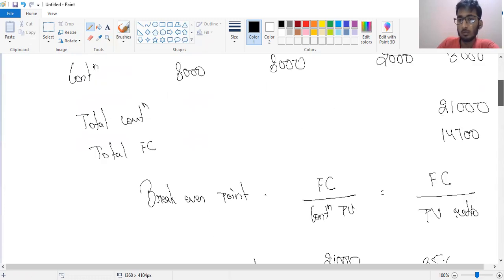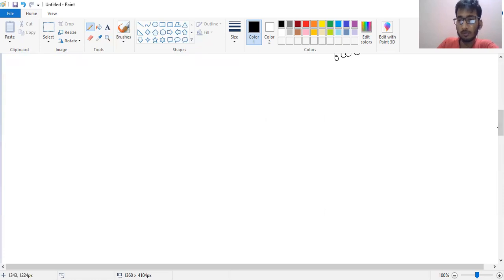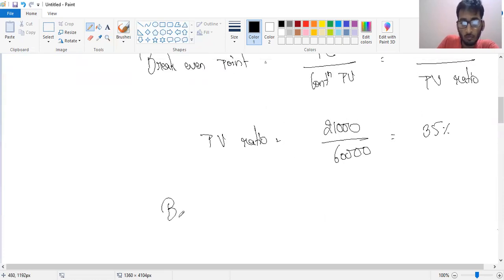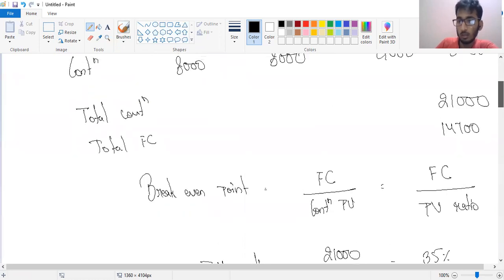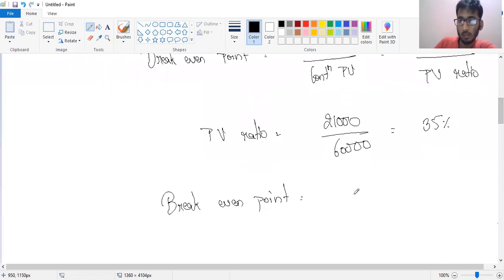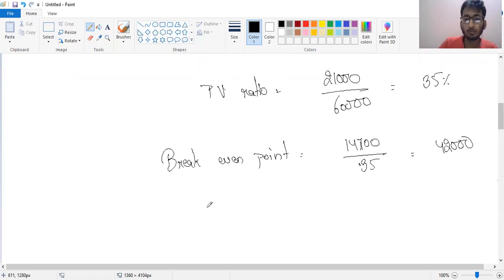So break-even point would be 14,700 divided by 0.35, which is 42,000. So at sale value, note my point, sale value.